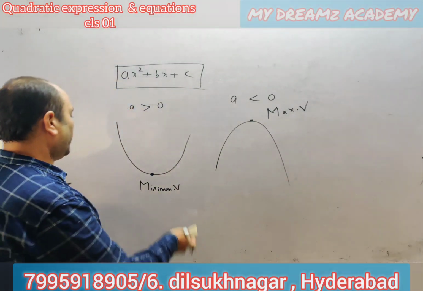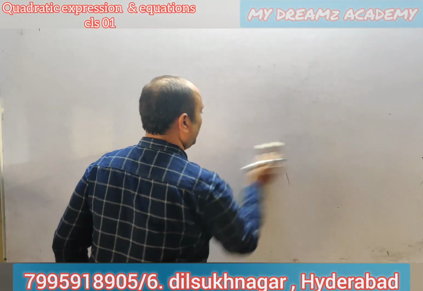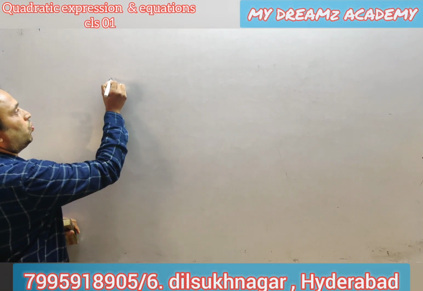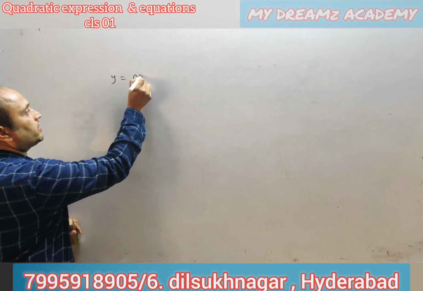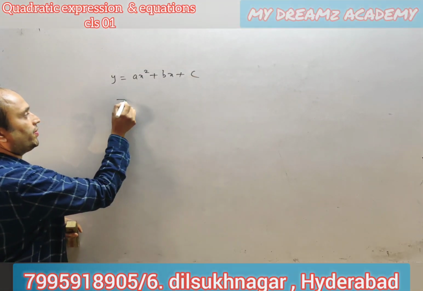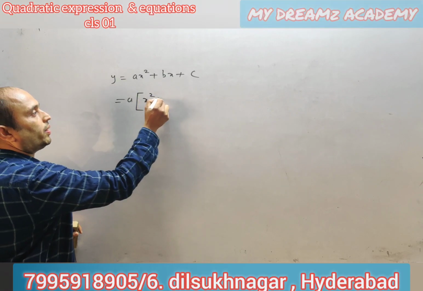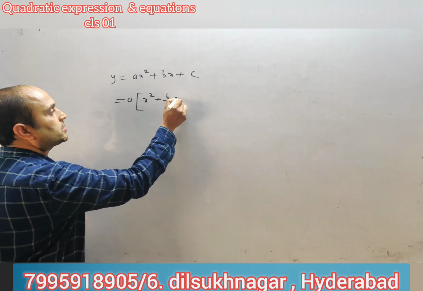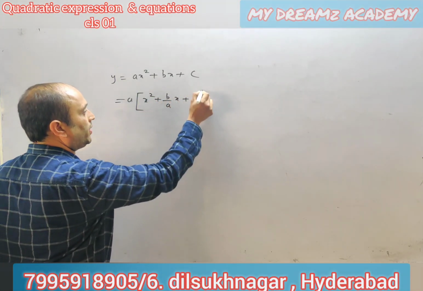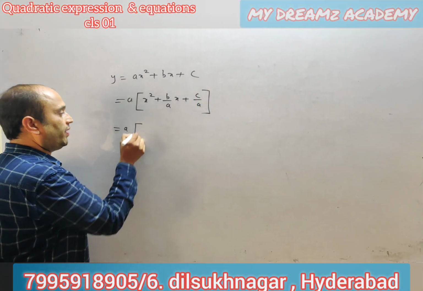Suppose one quadratic expression is there. Suppose y is equal to ax square plus bx plus c. Now take a common from this: x square plus b by ax plus c by a. Now convert into the perfect square.